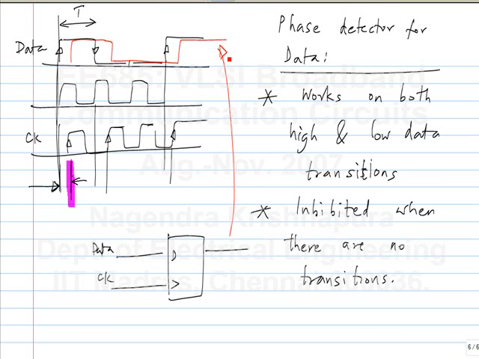Now can I find the phase difference between these two? How do you do that? Can you do it simpler? Use an XOR gate. If I use an XOR gate, I will get pulses like this, right?